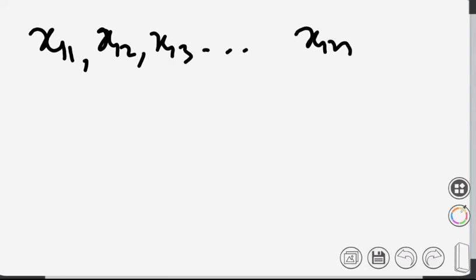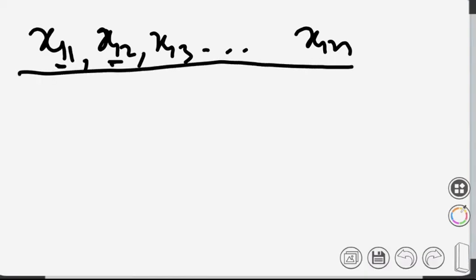The first suffix denotes that this is an element of the first sample, and the second suffix varies 1, 2, 3 and goes up to n, because each sample has n elements.